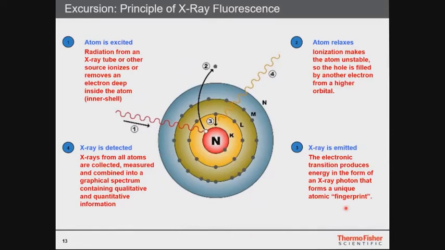Upon filling the hole, it emits X-rays with a specific energy depending on the positions of the electrons. These X-rays are then detected, and from the energy we can recalculate the element they originate from. So we can get the elemental composition of mixtures of any type of material.